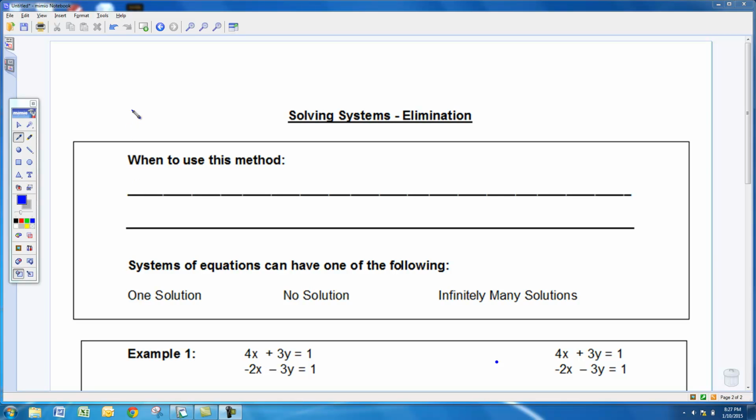We use the method of solving systems by elimination when both equations are written in standard form. Remember, standard form is when x and y are on the same side of the equal sign.